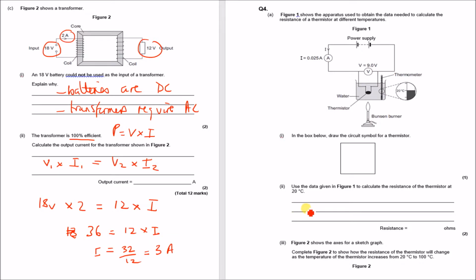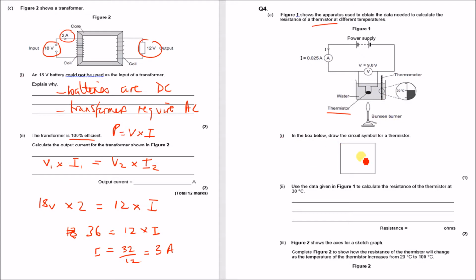Okay, so for question 4, the first thing is, let's go through what they're trying to work out. It says the apparatus used to obtain the data needs to calculate the resistance of a thermistor at different temperatures. So we've got a thermometer with a water supply to try and keep it as constant as possible, and the Bunsen is heating the water, and that's changing the temperature, which will then affect the resistance, because thermistors are affected by temperature, and that affects the resistance in the circuit.